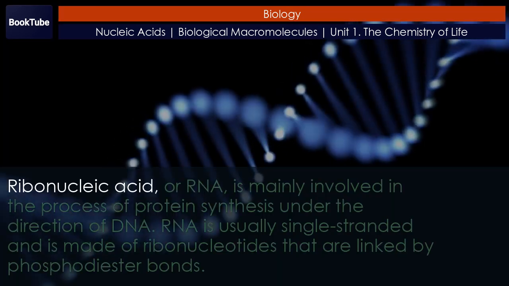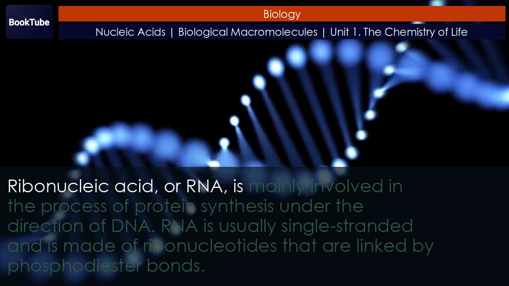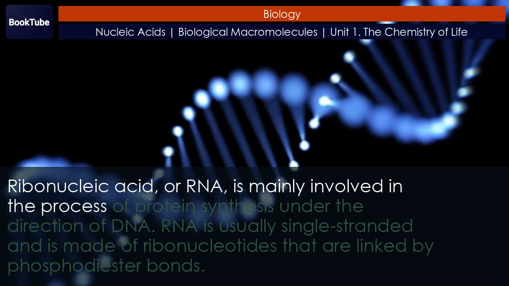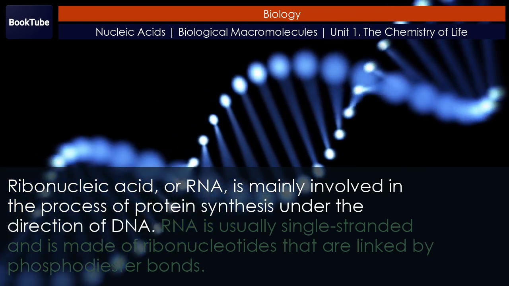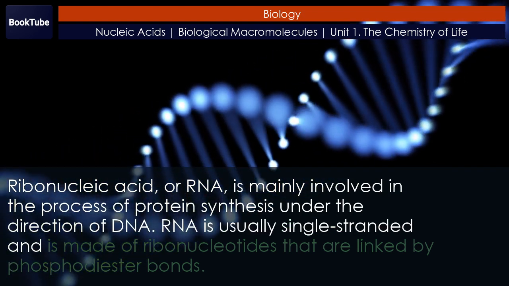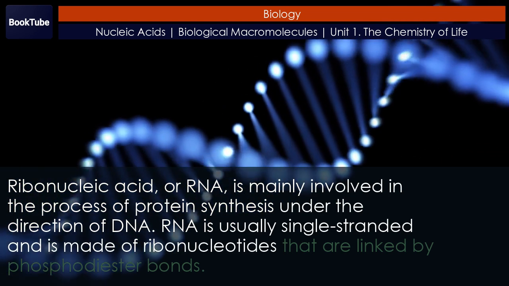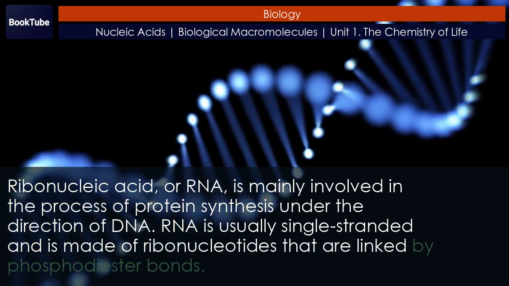RNA. Ribonucleic acid, or RNA, is mainly involved in the process of protein synthesis under the direction of DNA. RNA is usually single-stranded and is made of ribonucleotides that are linked by phosphodiester bonds.